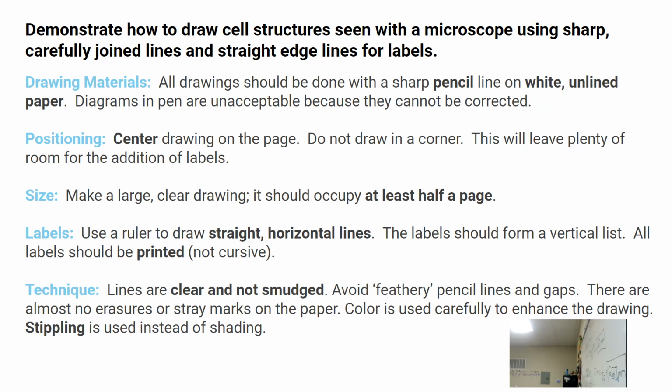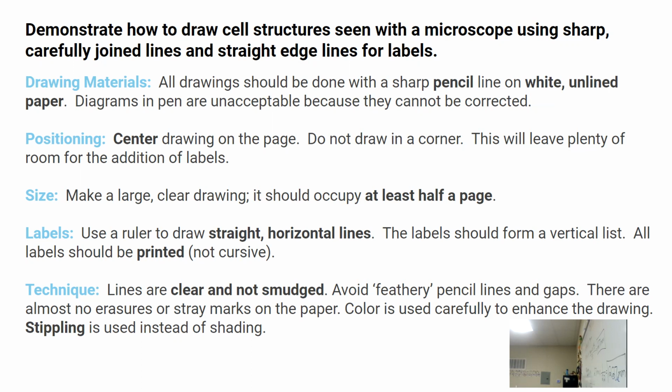The positioning has to be in the center of the page. You want to shoot for the center, not only because that's a rule, but also because we are using labels, so you have to leave room for labels.